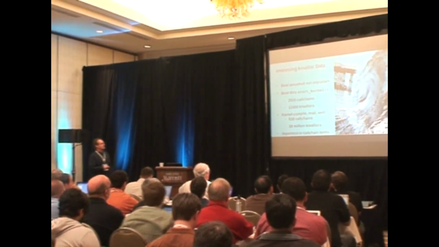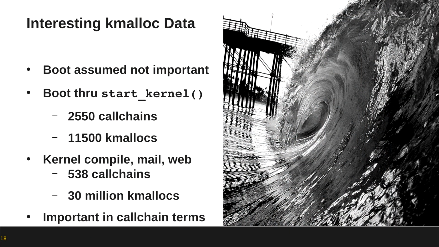Just as a little bit of a side, it can also be kind of fun to look at this data and learn things that weren't obvious to me. When I started looking into creating a microYocto, and specifically at what we need to do to lower dynamic memory usage, of several things I read from people who've done this before, they all assume that boot allocations are not important, that not really much happens there, and to just maybe keep a counter of that.